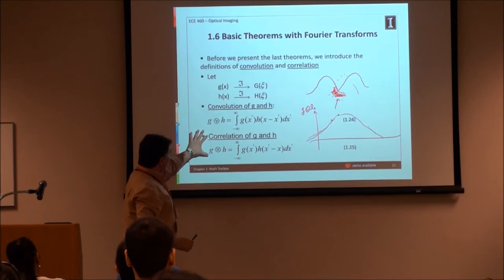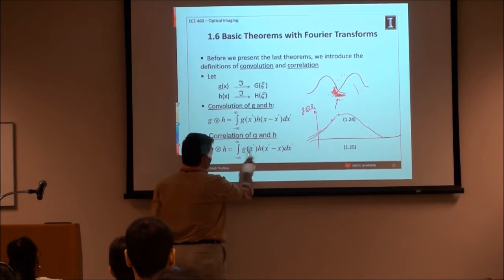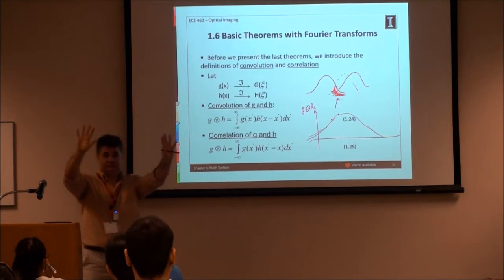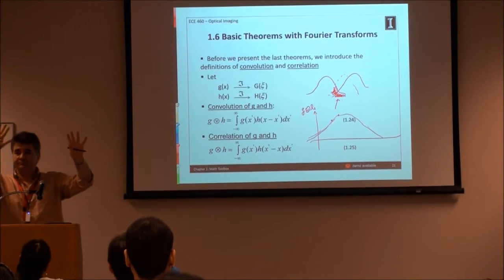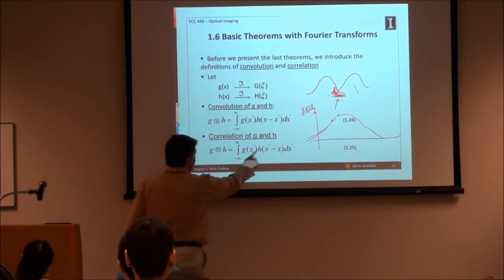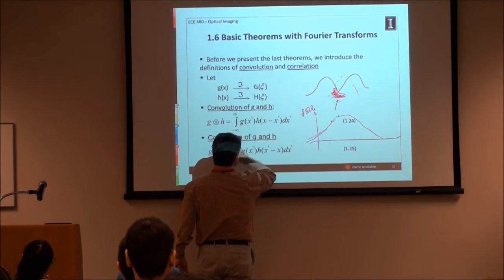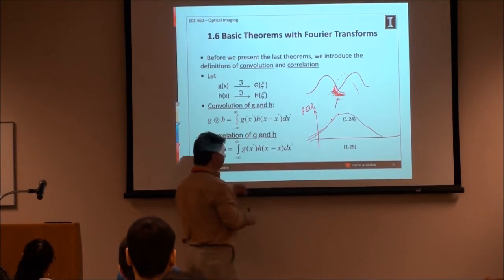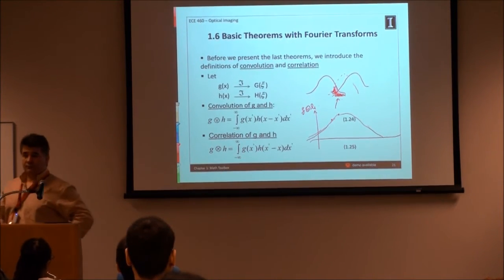That's just the definition. Correlation between G and H means the same thing except for the flip. So convolution has a minus here, and this one has the same sign.